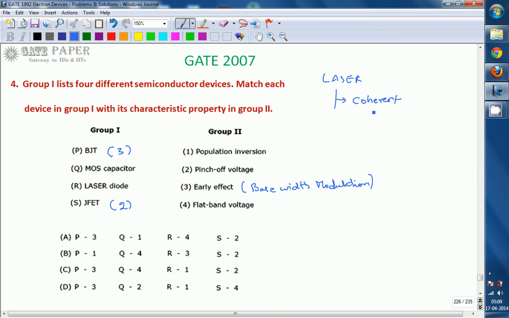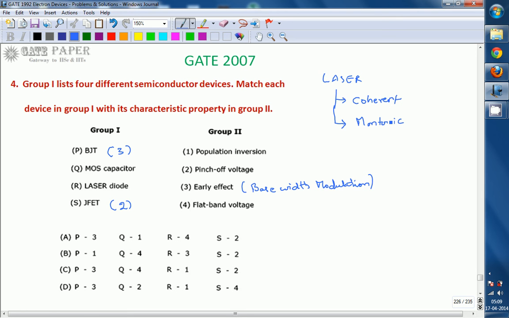Coherent implies that all the photons generated by the laser are in the same phase. The other one is monochromatic, so all the photons generated have the same frequency and same phase.